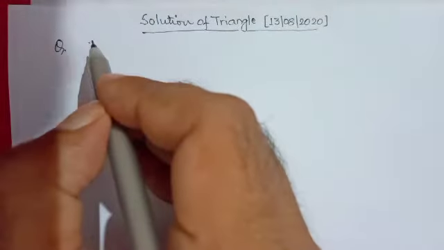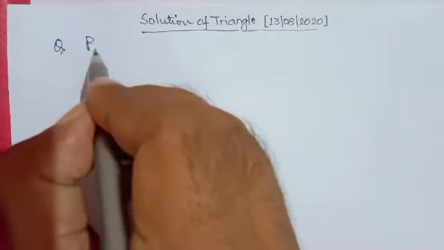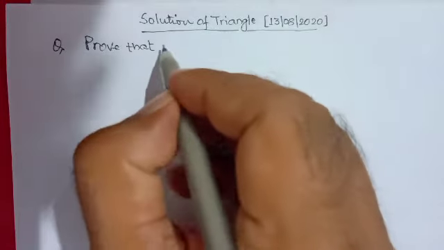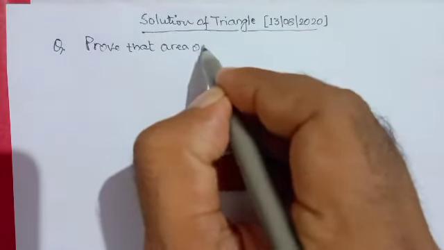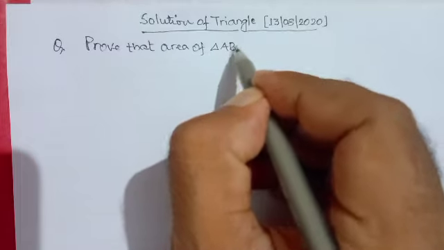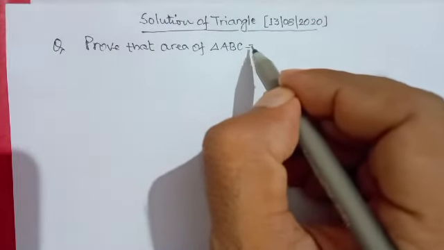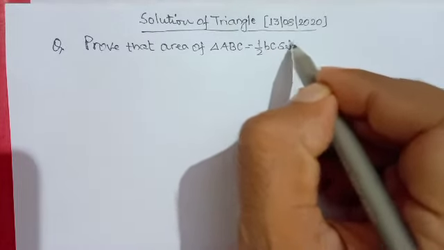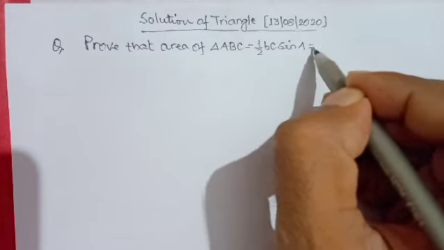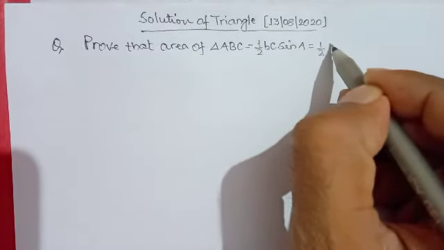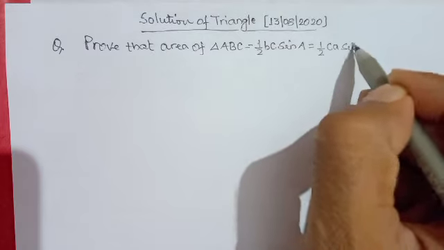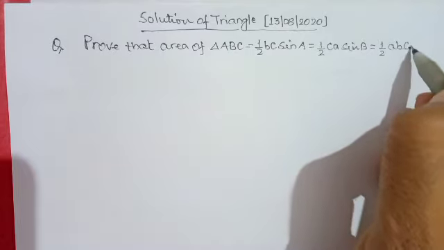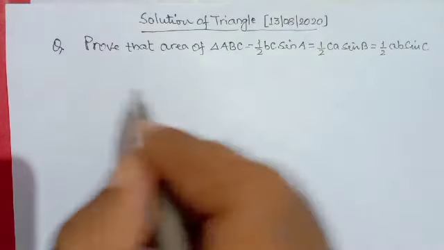Your first question is: prove that area of triangle ABC is equal to half BC into sin A, is equal to half CA into sin B, is equal to half AB into sin C. This is your first question.